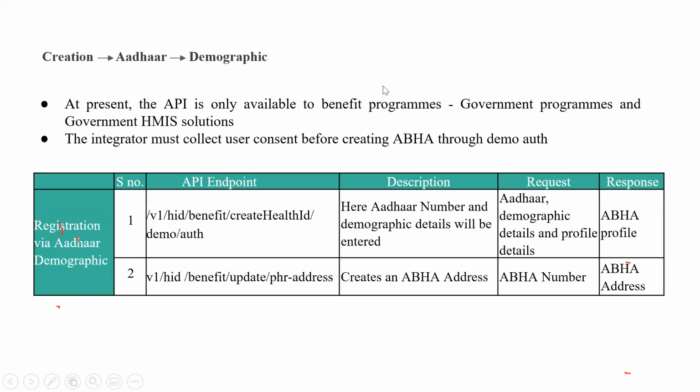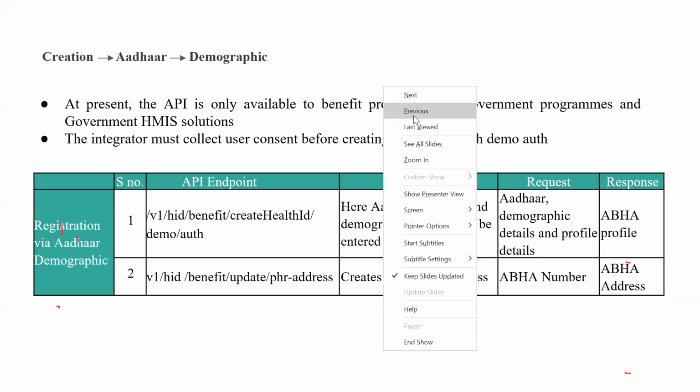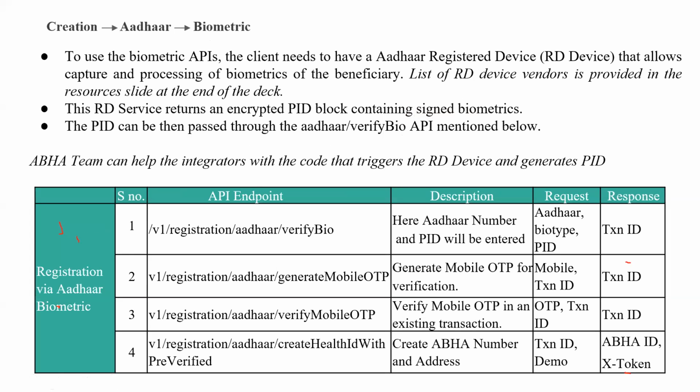You were saying that in the third point, once that Aadhaar number is entered and the OTP is verified via registration Aadhaar verify OTP, this may not be mandatory in some case. In which case is it not mandatory?